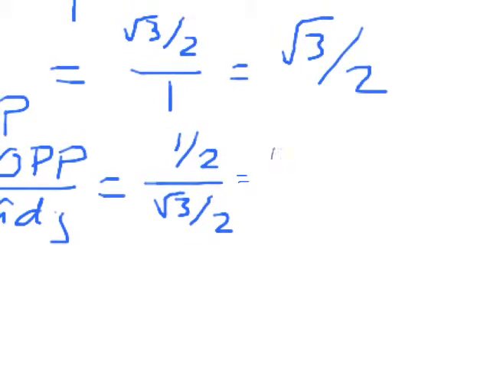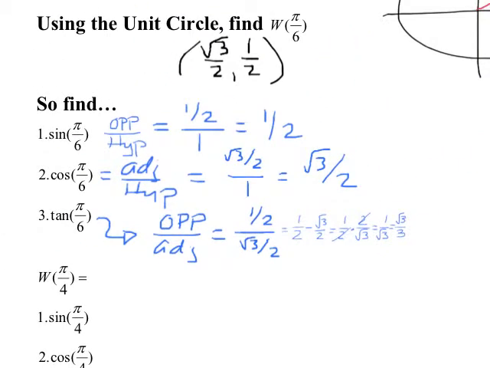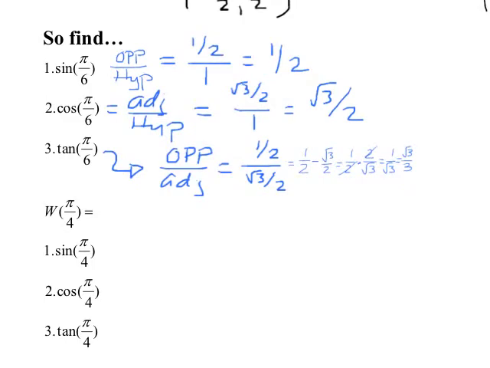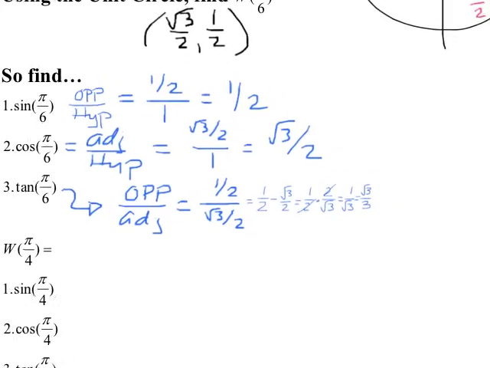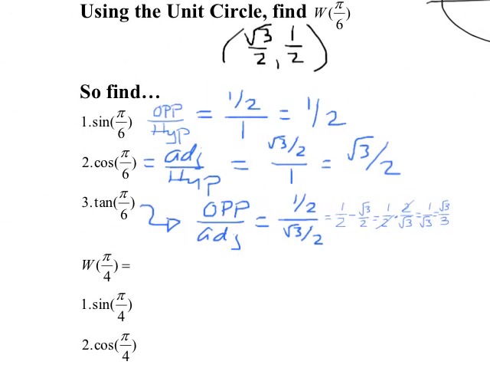So that's equal to 1/2 divided by root 3 over 2, which is 1/2 times 2 over root 3, and the 2s cancel. 1 over root 3, which if you rationalize, you'll come up with root 3 over 3. Okay? So not awful right there. But given the fact that we know a location like pi over 6, we can use that triangle and we can come up with all these different functions.